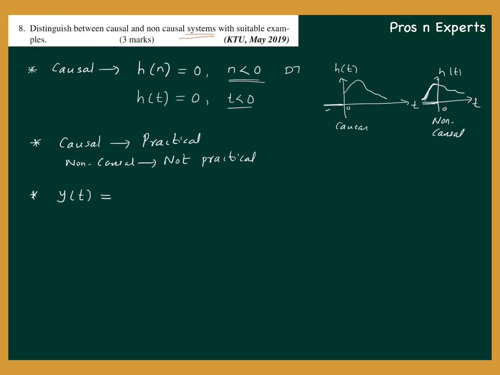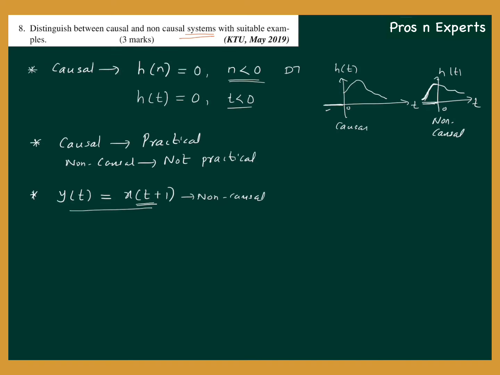That means y of t can be a function of x of t plus 1. If this is the input-output relation of a system, then you can definitely say that the system is non-causal, because here the input contains a future value x of t plus 1.